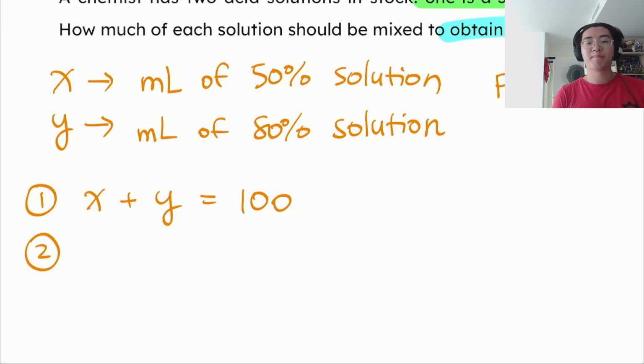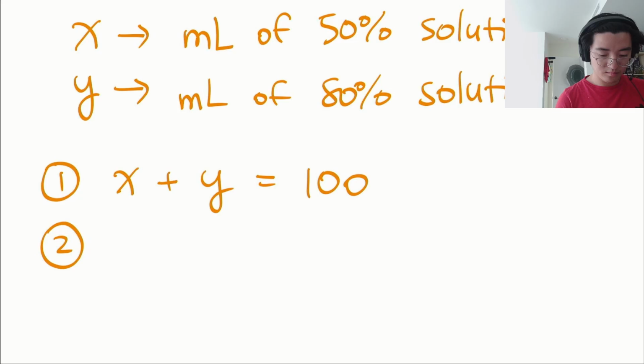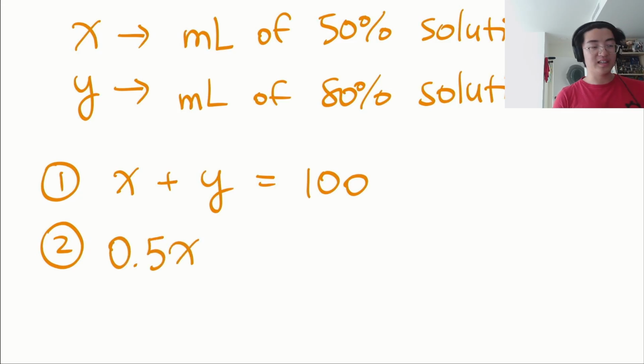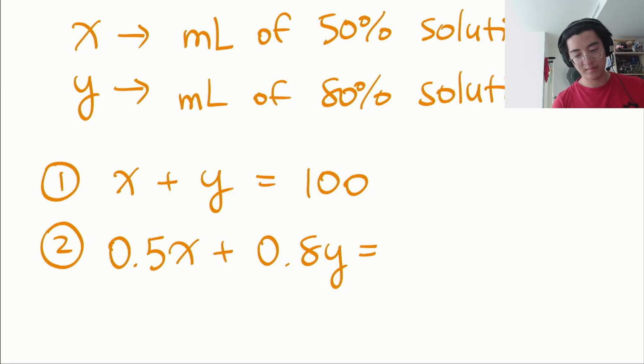We know the 50% solution is just 0.5 times x. So how many mils of the 50% solution do we need, and how many mils of the 80% solution do we need, to get us a 68% solution?